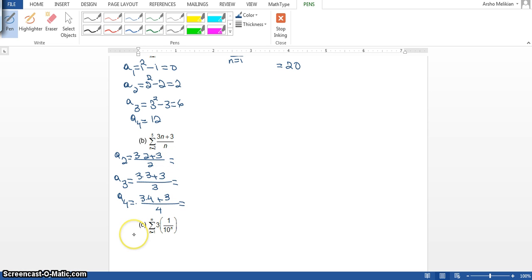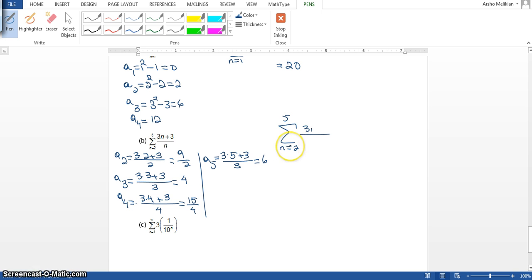So here I will get 6 plus 3, 9 over 2. 9 plus 3, 12 over 3, which is 4. 15 over 4. And A5 will be 3 times 5 plus 3 over 5. So it'll be 18 over 5.